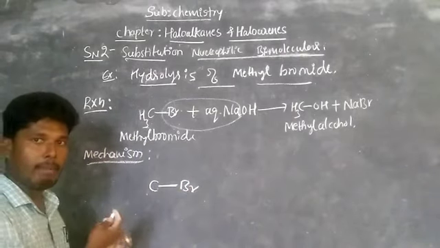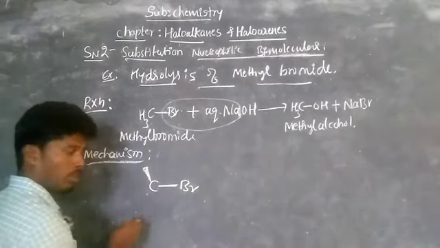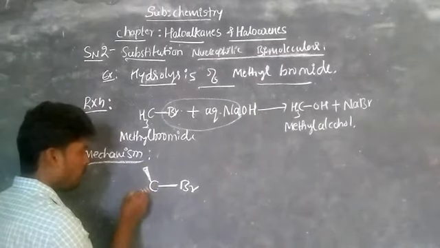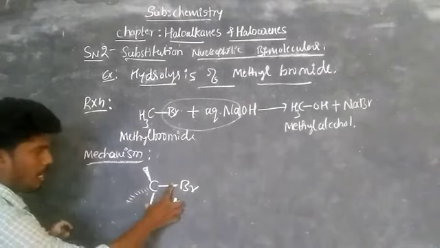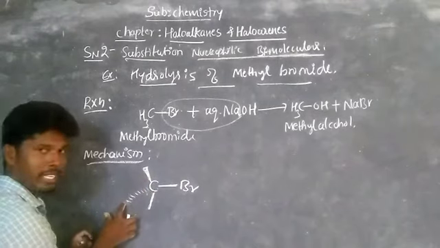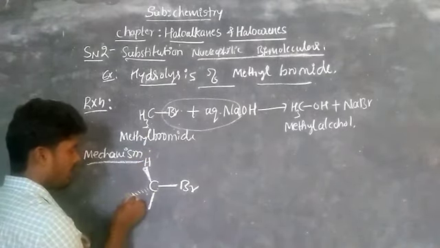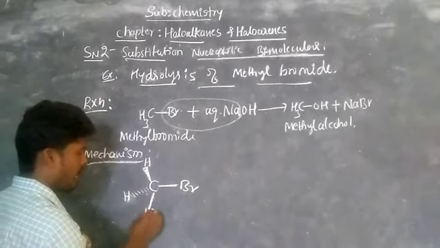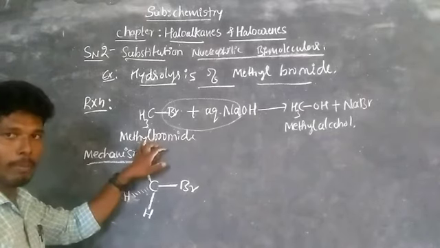You know the 3-dimensional representation of alkyl halide: one bond is above, one is below, and two are in plane. Write 1 hydrogen here and the second hydrogen here. This is the 3rd hydrogen. This is the 3-dimensional representation of this methyl bromide.